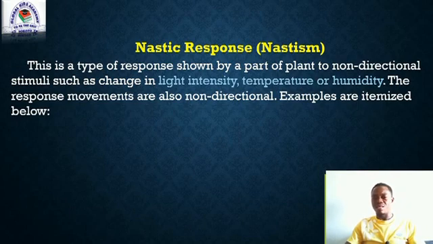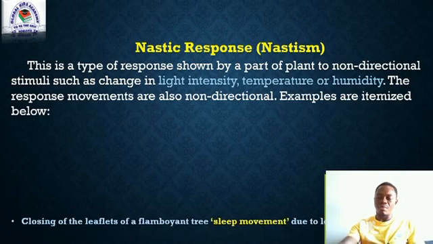They're very important: light intensity, temperature, or humidity. The response movements are also non-directional. Take note of this: they are non-directional responses, and it is the parts of plants that move or respond to the stimulus. Examples of these nastic responses or movements are itemized below.